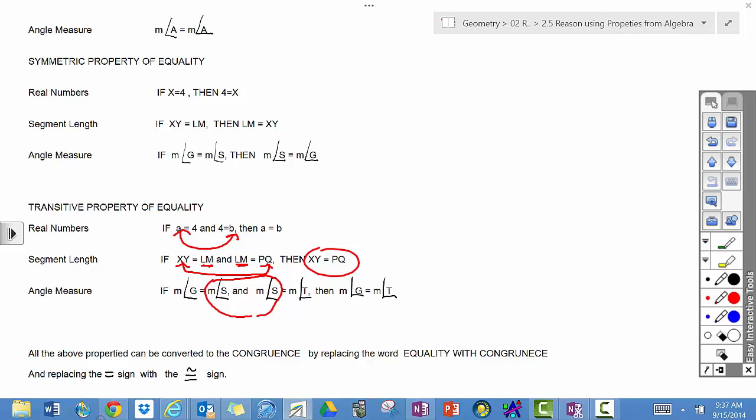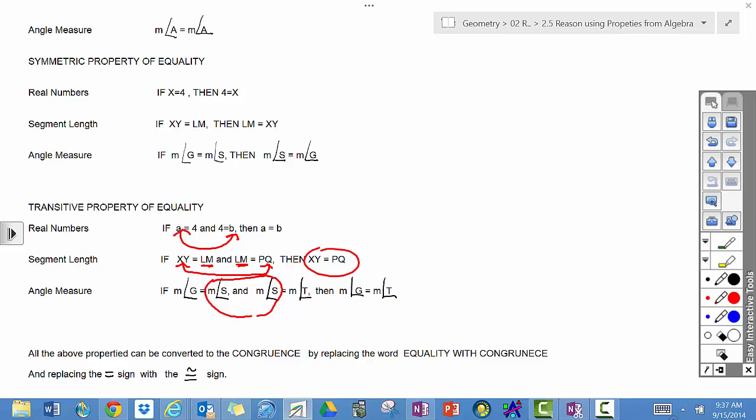All the above properties, and there's a typo in here that I can see, can be converted to the congruence properties by replacing the word equality with congruence. So let's just look over here. If we were changing the symmetric property of equality, numbers are congruent. Well, numbers are not congruent, are they? How about segments?